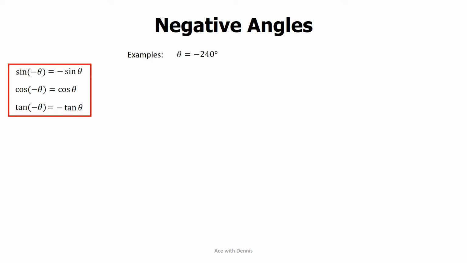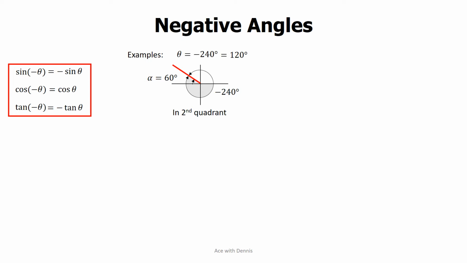Okay, if we move on, theta equals negative 240 degrees, which means now it is in the second quadrant. This is negative 240 degrees, and if we turn in the anti-clockwise direction, it will be 120 degrees. And the base angle alpha is equal to 60 degrees.